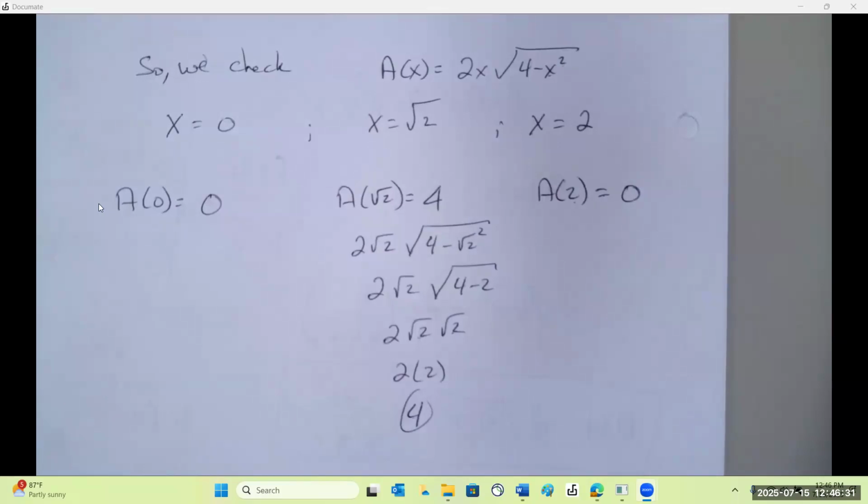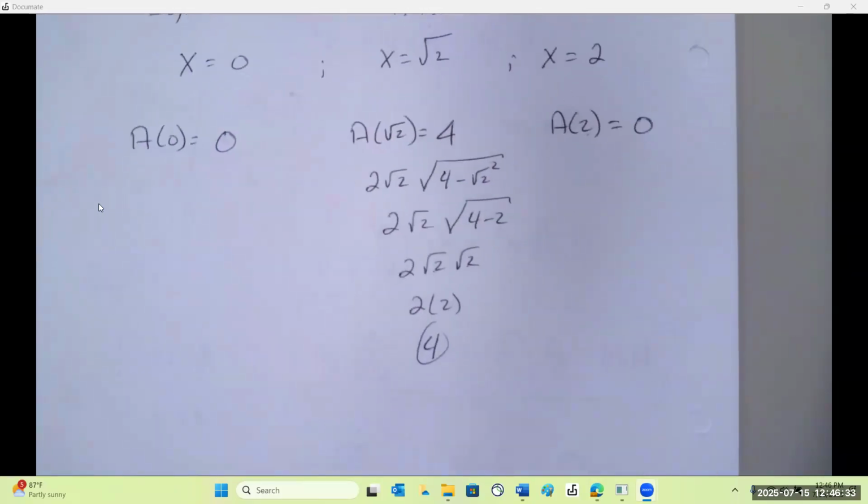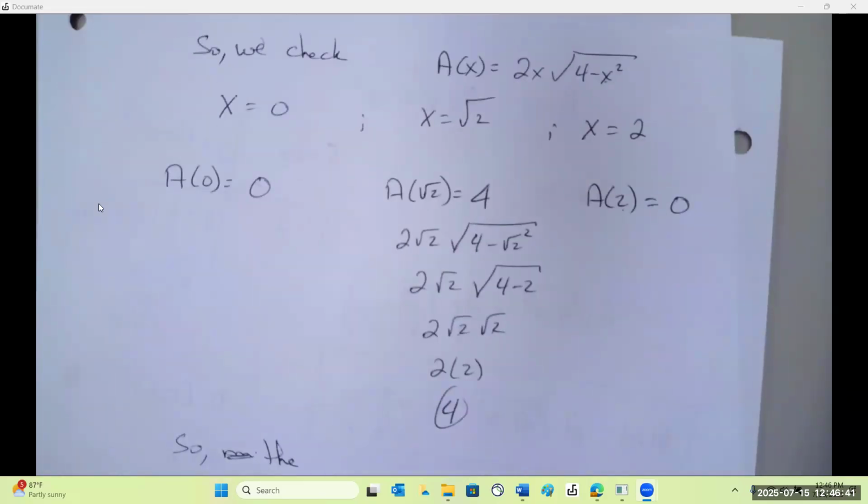So my extrema occurs, we're looking for the largest area.